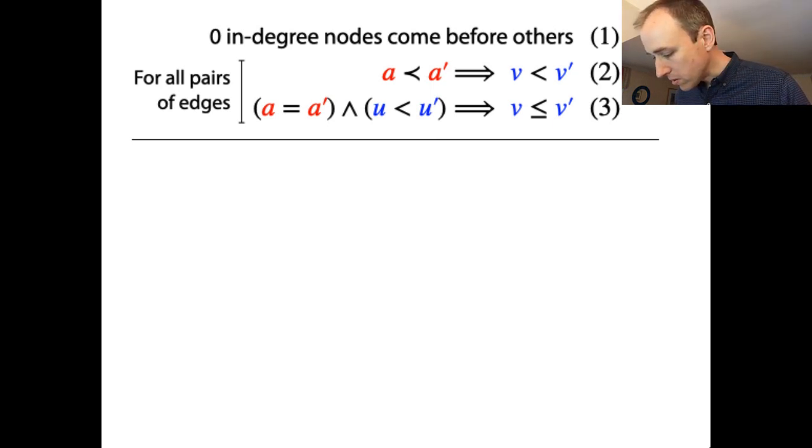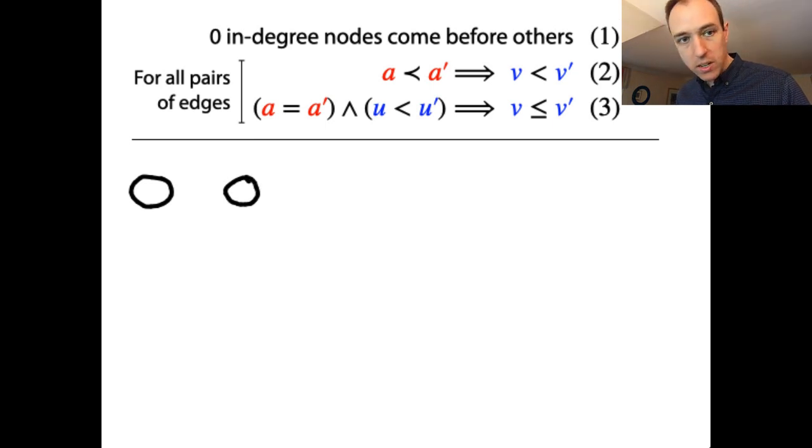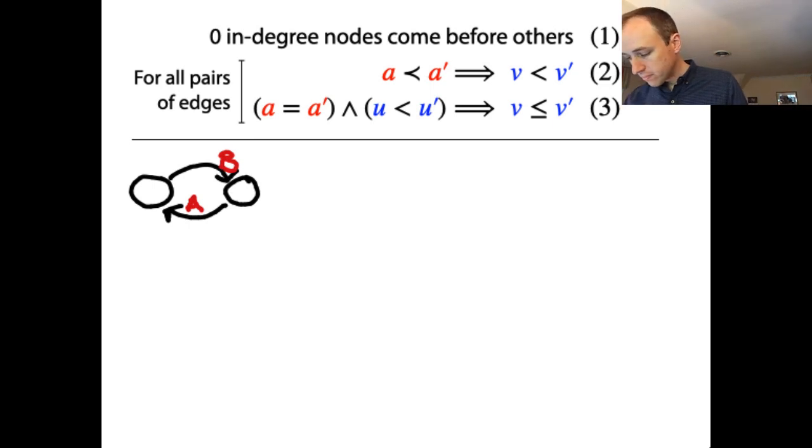Let's say I have these two nodes, and I've got an edge coming over like this. And now let's give the edges labels. Let's say this one's A, and this one's B. Okay, and so our question is, is this a Wheeler graph? Well, we've got to look at these properties.